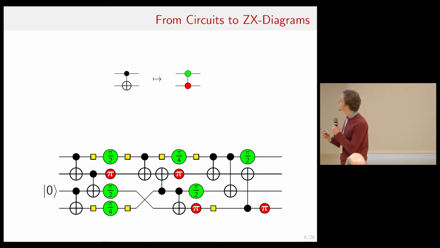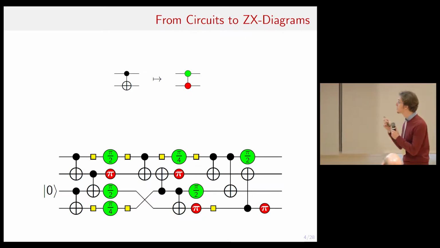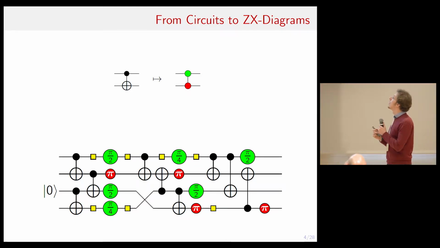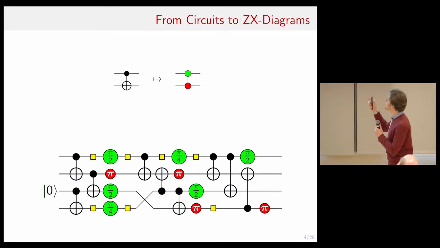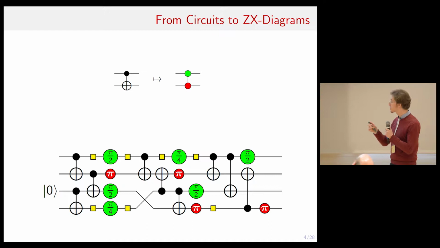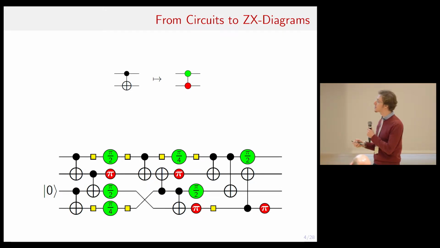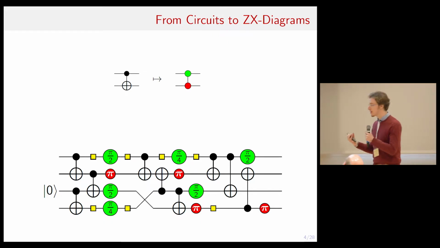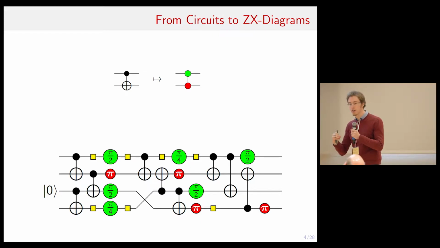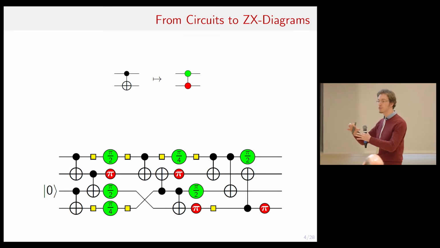Then the CNOT gate, this is an interesting one. It's actually decomposed in ZX calculus as the composition of two three-legged nodes, as you can see. This is really one important feature of the ZX calculus: even though its generators are not necessarily unitaries, you can then use them in order to form unitaries, like the CNOT.